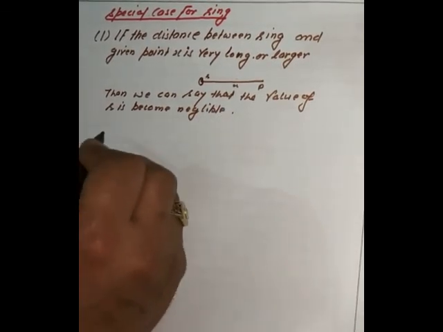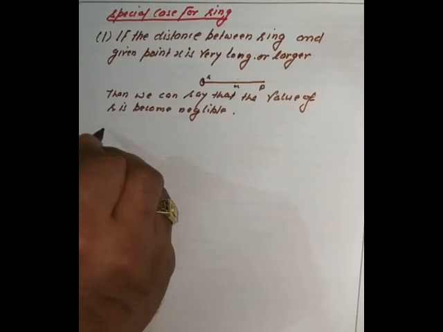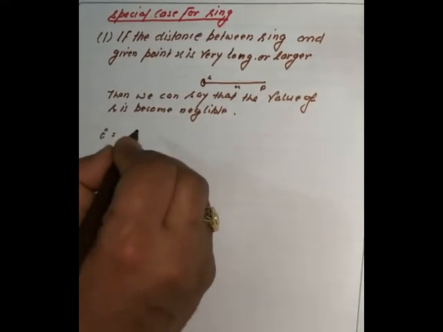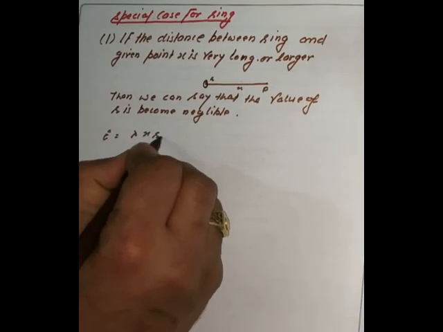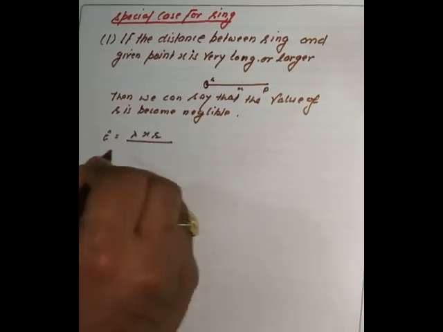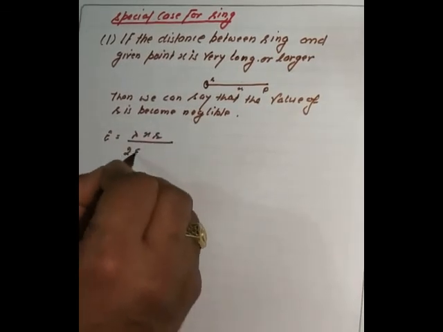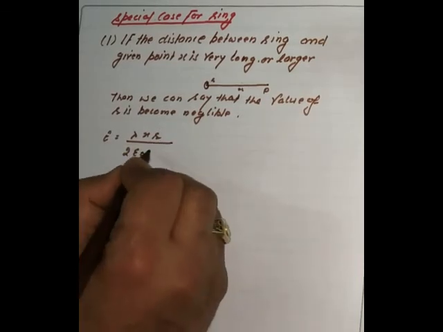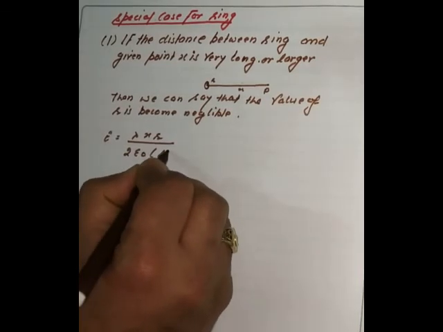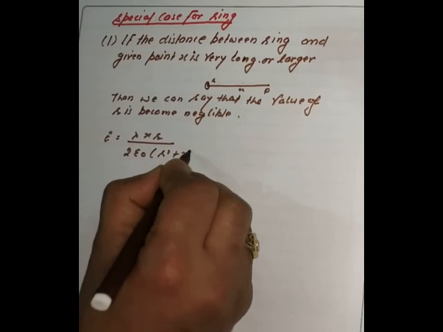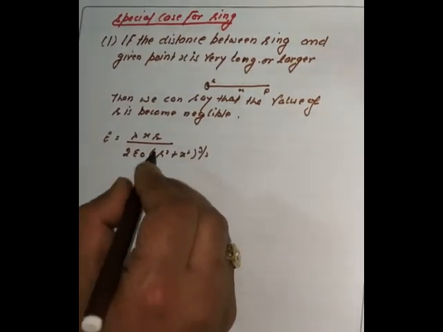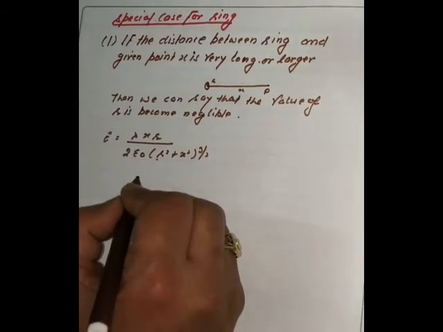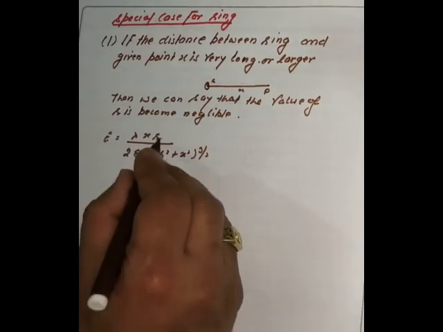If the value of r becomes negligible, then electric field E equals lambda x r upon 2 epsilon naught, r square plus x square 3 by 2. The value of this r will become negligible, not this one.